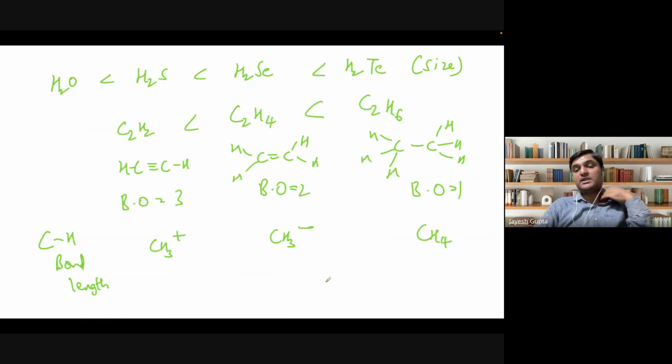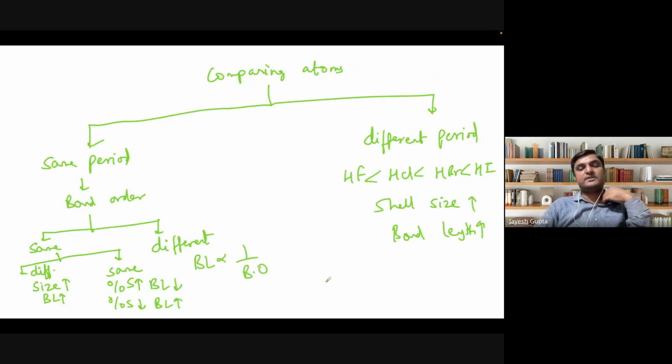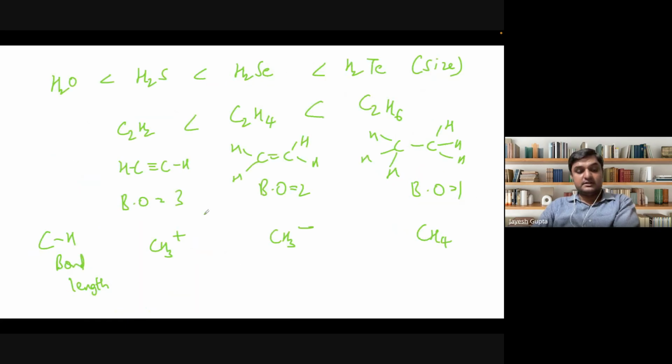Bond order will be also same. Single bond will be there. No resonance, so you cannot apply 1 plus 5 upon sigma. Atoms are also same, they are not different. So the only thing left in this chart, the way through which you can define bond length, is percentage S character. Others are not working, because bond order is same.